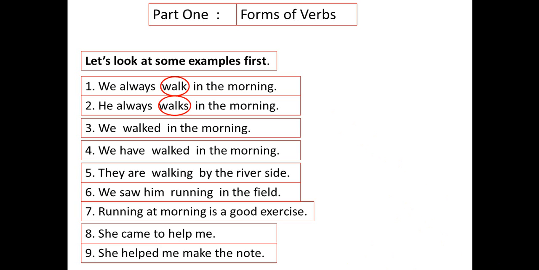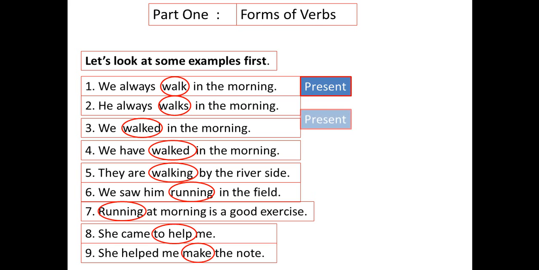So what are the verbs? The verbs are within the circle. The verbs are not in the same form, and why they are taking these different forms we will discuss later on. Before that, let's try to name their forms.